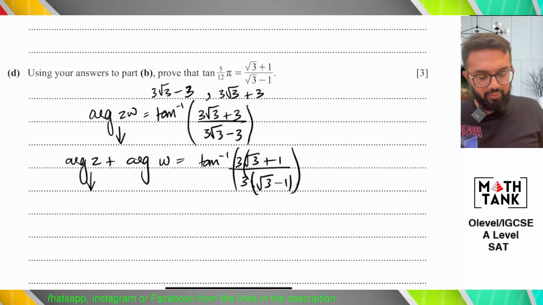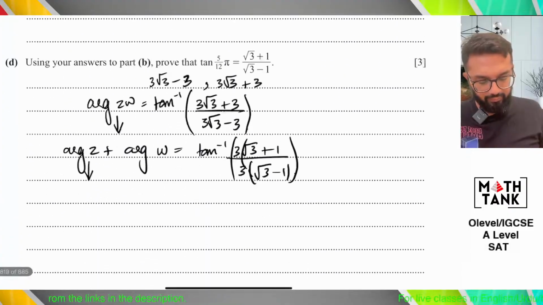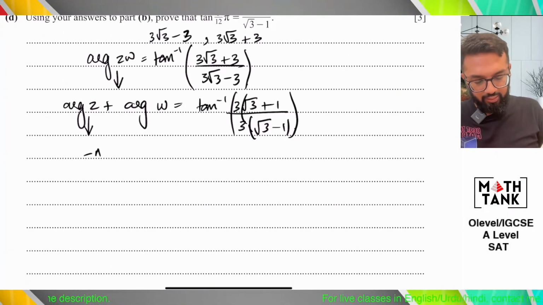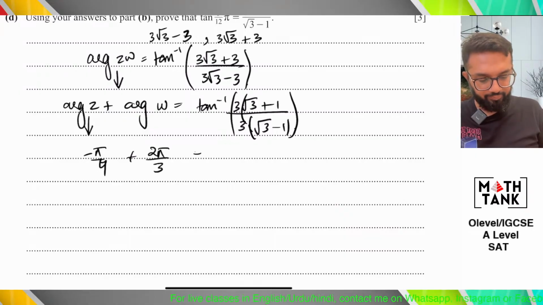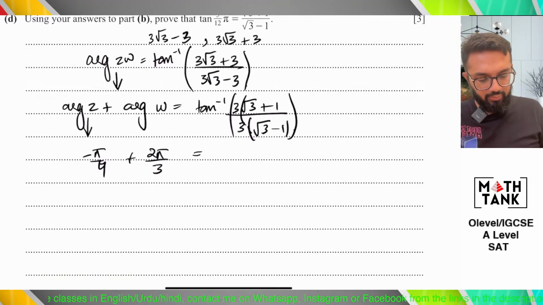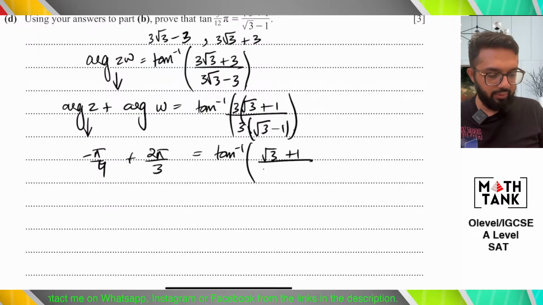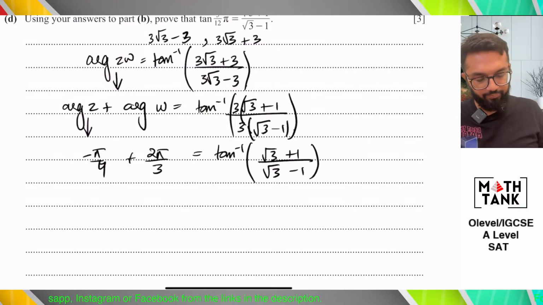Okay, so what's argument of z? That's what I've already found before, and that's minus pi over 4. And this was plus 2 pi over 3. Okay, and inverse of, now that I cancel out the 3's, I get root 3 plus 1 and root 3 minus 1.